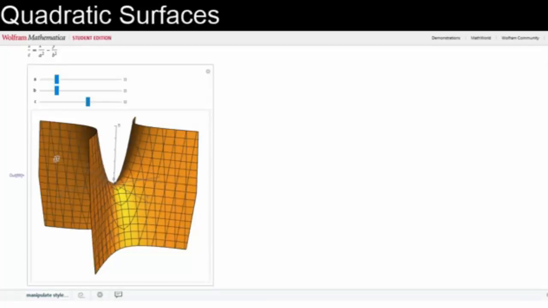These horizontal ones cut out hyperbolas. So this guy has two types of traces. You have parabolas, and inside the parabolas you actually even have two types. You have types that open up and down, and then the other type of trace you have are the hyperbolas.